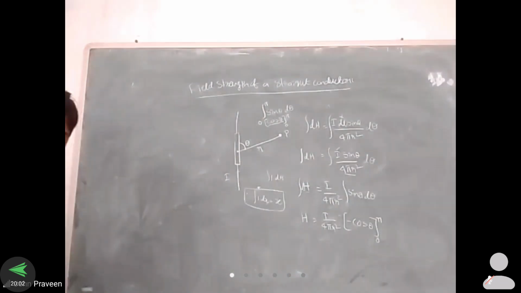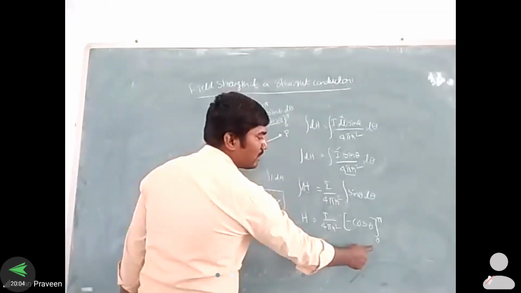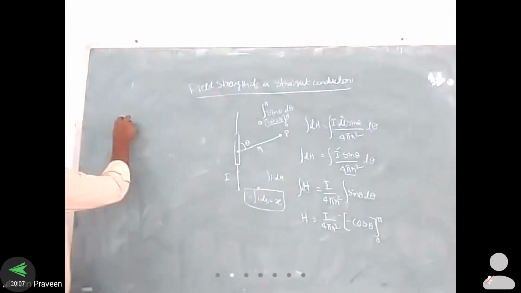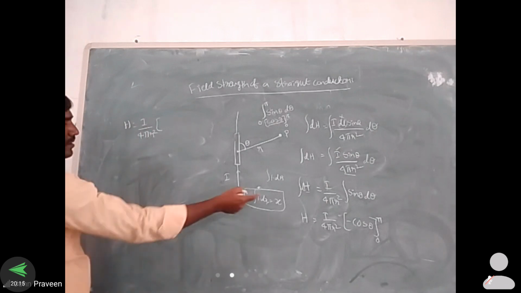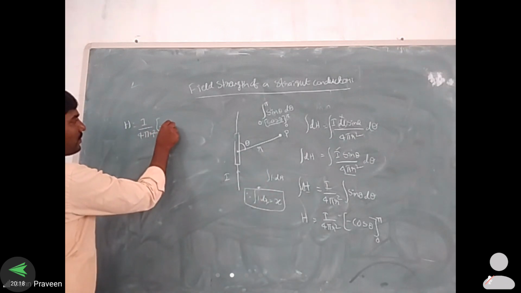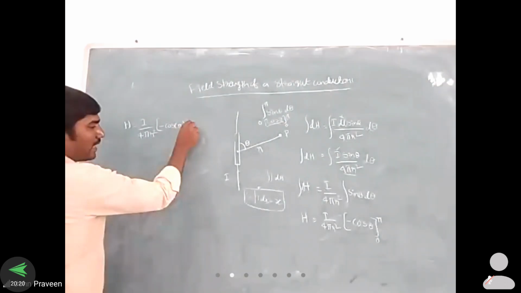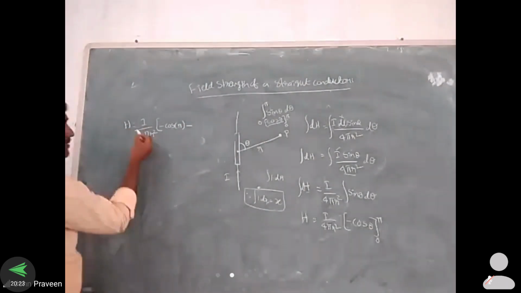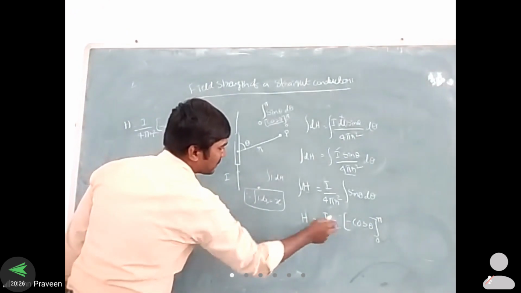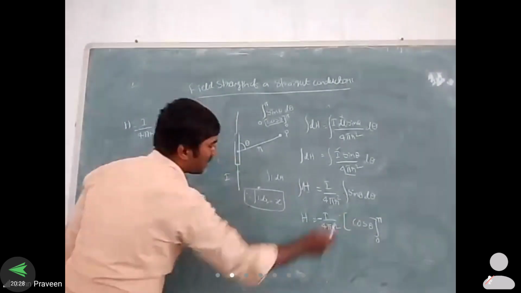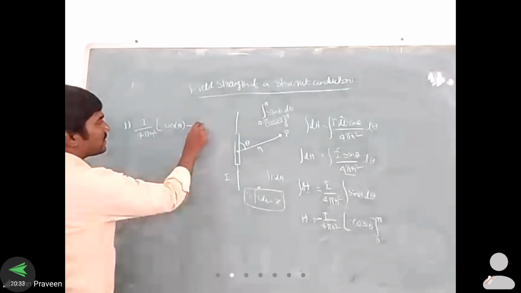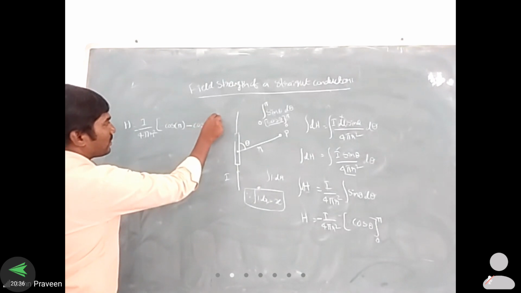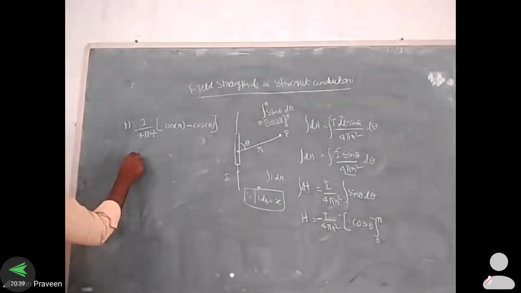So it is minus of cos pi minus cos 0, the entire thing with a minus. That is minus of I by 4 pi r square, cos pi minus cos 0.